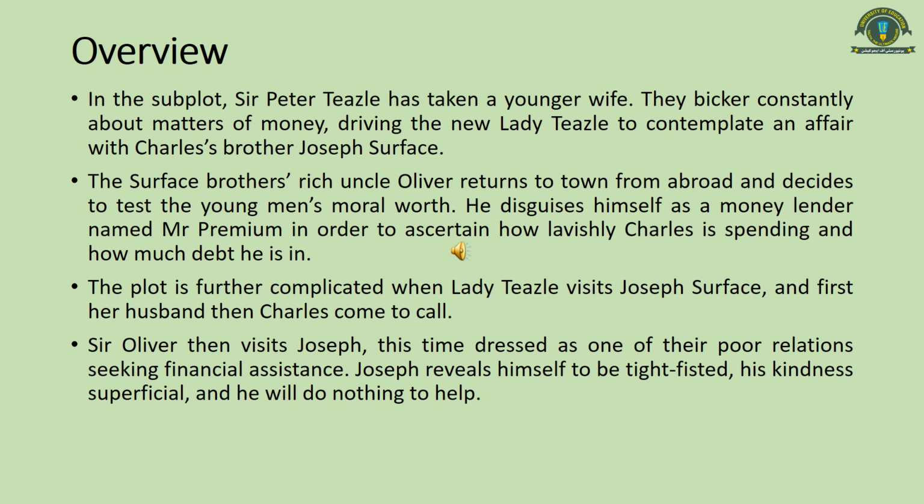And the Surface brothers' rich uncle Oliver then returns to town from abroad, and he decides to know the realities of life. He decides to know about the real feelings and sentiments of his relations.